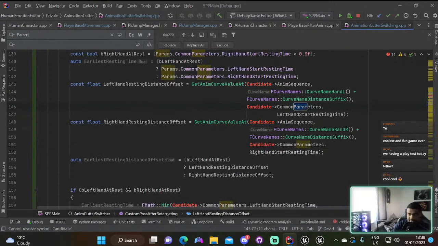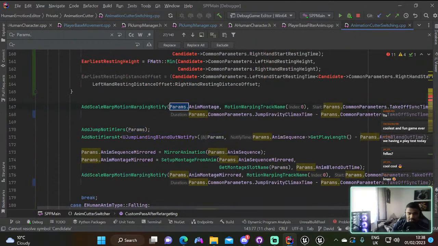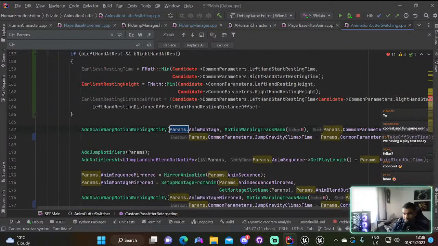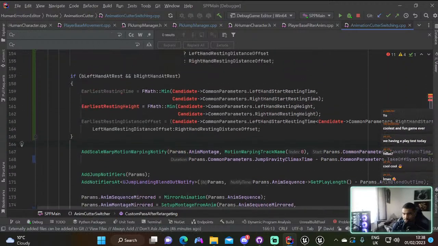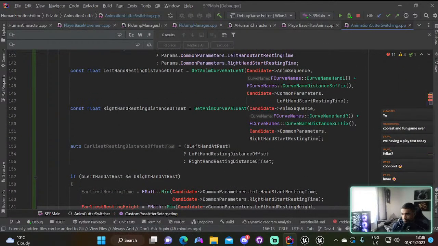And then you do params dot. No, I mean no. You got it the good way around. Just select candidate arrow. Wait, hold up. Where am I at? There. Yes.